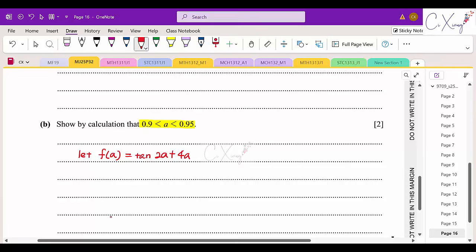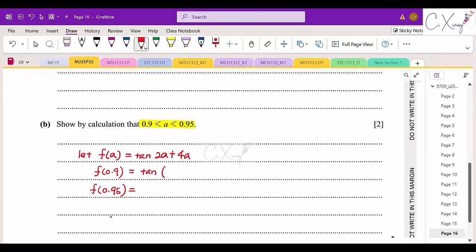And now I want to substitute the value 0.9 and also the value 0.95 into my function and get the value. 2 times 0.9, then the second value here is 2 multiplied with 0.95 plus 4 multiplied with 0.95.